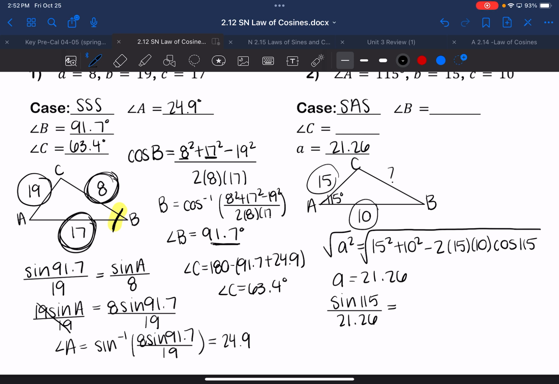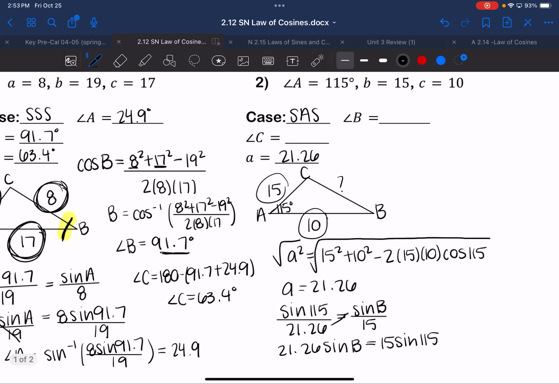It was obtuse, so there are no more obtuse angles. So I could do either one. Maybe I look for B. And what was the length of side B? 15. So this is what's going to go in my proportion. So I've got 21.26 sine of B is equal to 15 times sine of 115.